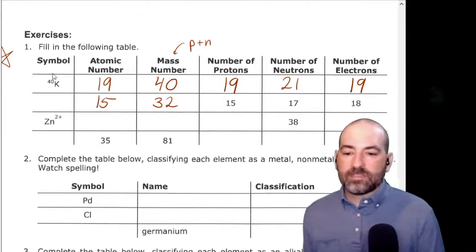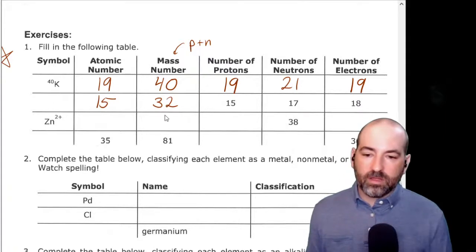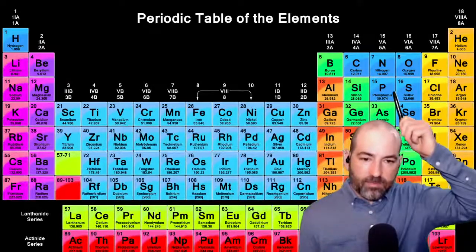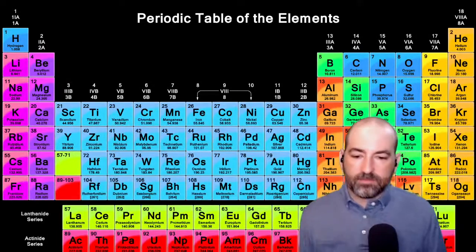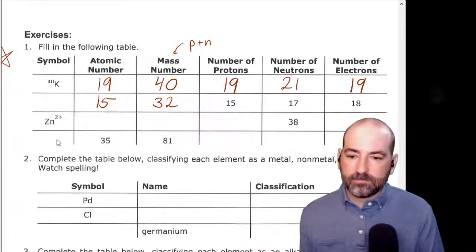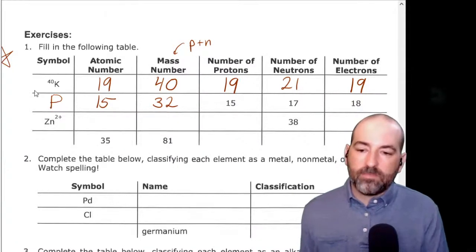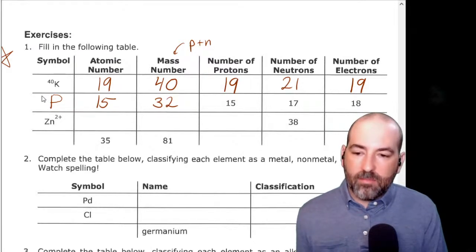And then we can get the symbol by looking up the periodic table, atomic number 15. So that is right up here. That is phosphorus, number 15. All right, now we just need to put that mass number in the upper left-hand corner, so 32.